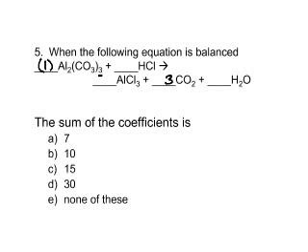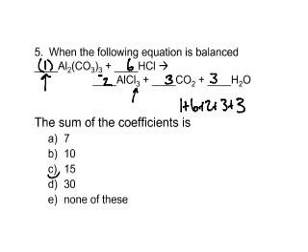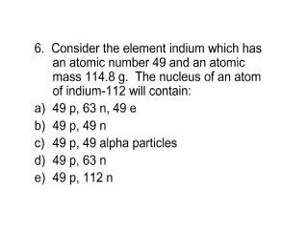Let's now do the aluminum. There's 2 aluminums. So if I put a 2 here, that gives me 6 chlorines over here. So I would need a 6 here, which would make this a 3. One thing to watch here is you do have a 1 there. So it's 1 plus 6 plus 2 plus 3 plus 3, and that adds up to 15.